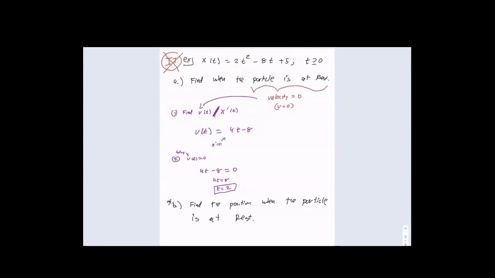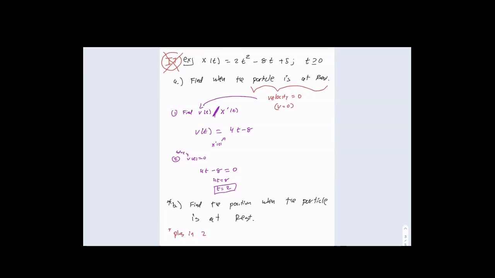So what do I have to find? What do I have to do? To find the position, you would plug 2 into the regular equation.